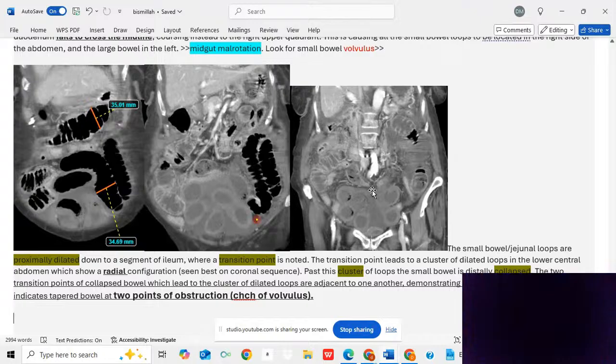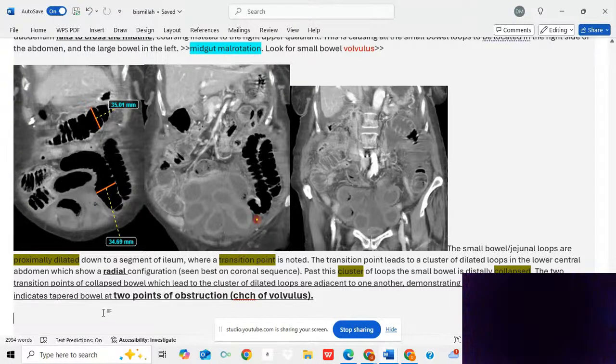Okay, after this cluster of dilated loops in a radial configuration, we've got another transition point, and that leads to distally collapsed bowel loops.